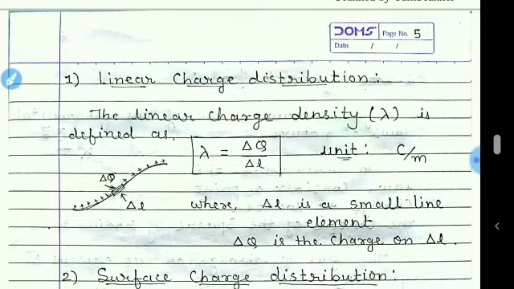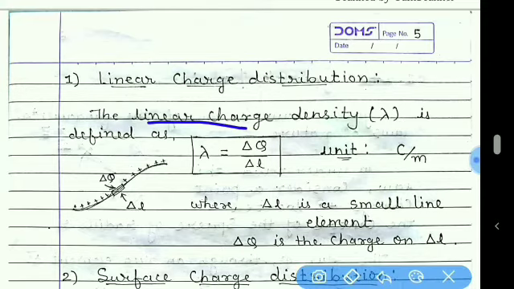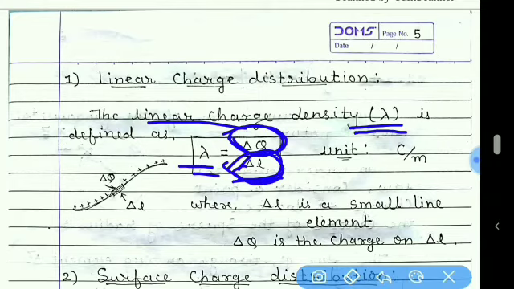So if the charge is distributed on a linear object, then symbolically we can represent that density as lambda, and according to the definition lambda is equal to charge upon length, because a linear object has length, and that's why total charge upon total length.